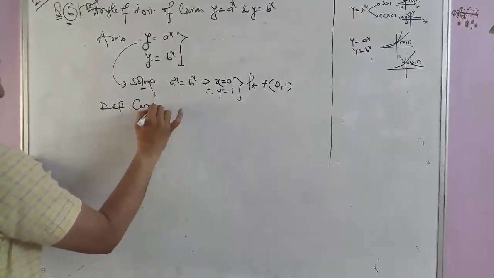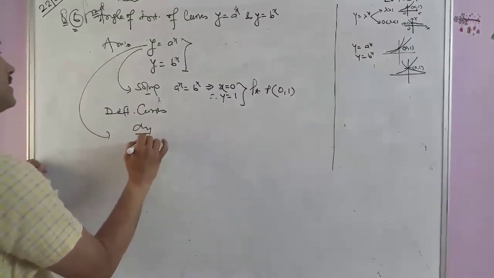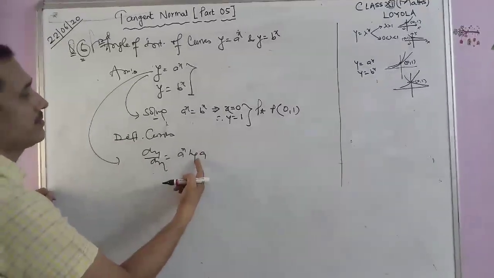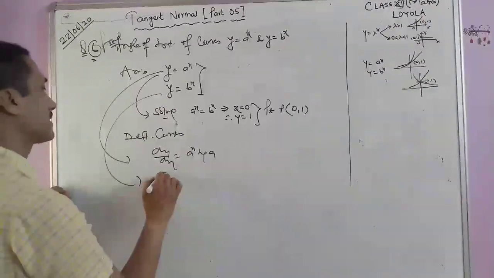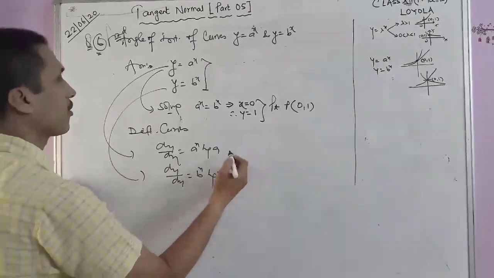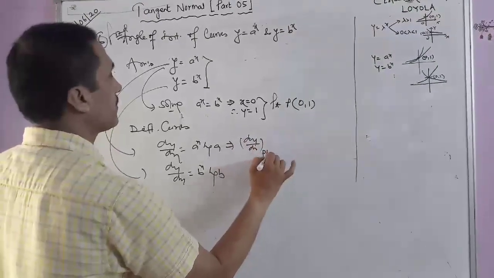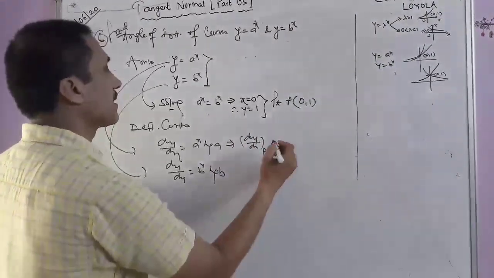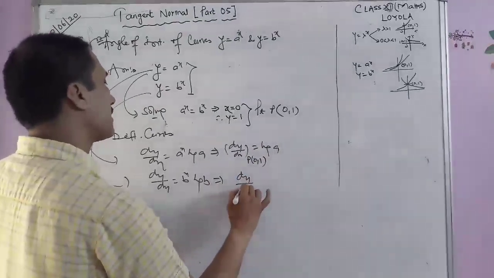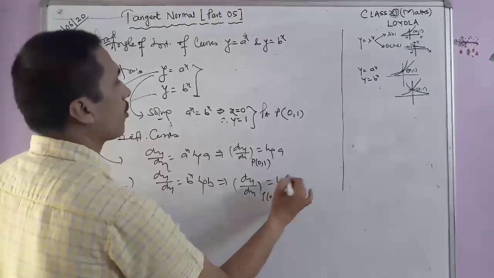Differentiating the curves. Differentiating the first curve, dy by dx is a to the power x log a, obviously base e, and for the second curve dy by dx is b to the power x log b. In such case dy by dx at P(0, 1) equal to log a, and for the second curve dy by dx at P(0, 1) is log b.